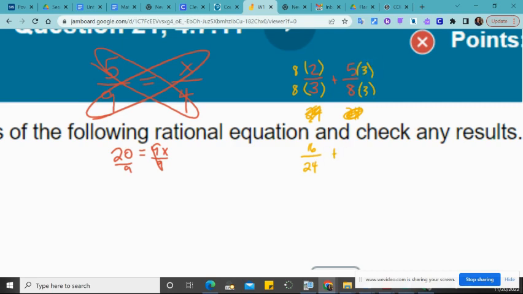So I would get plus 15 over 24. Now I have a common denominator. I can combine the like terms on the top, which 16 and 15 are. So that would just be 31 over 24. That's a quick reminder on how to add fractions.